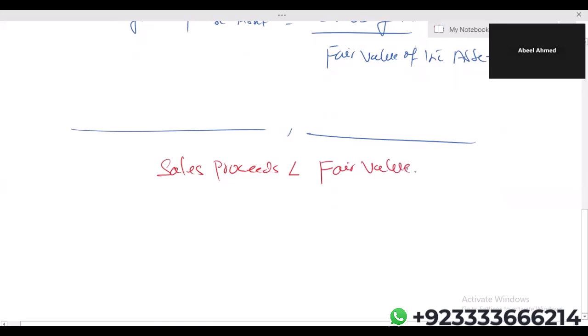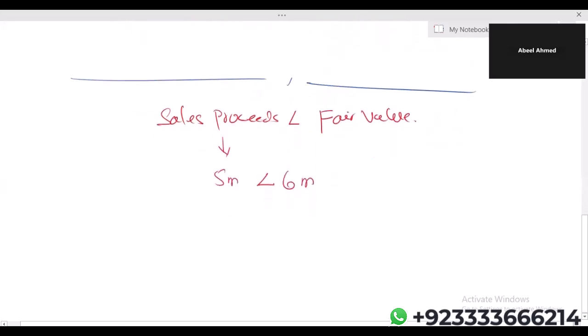Assuming the sale proceeds are 5 million and the fair value is 6 million, in this case the difference of 1 million is treated as prepayment. According to IFRS 15, when the sale proceeds are lower than the fair value, the difference is treated as prepayment.